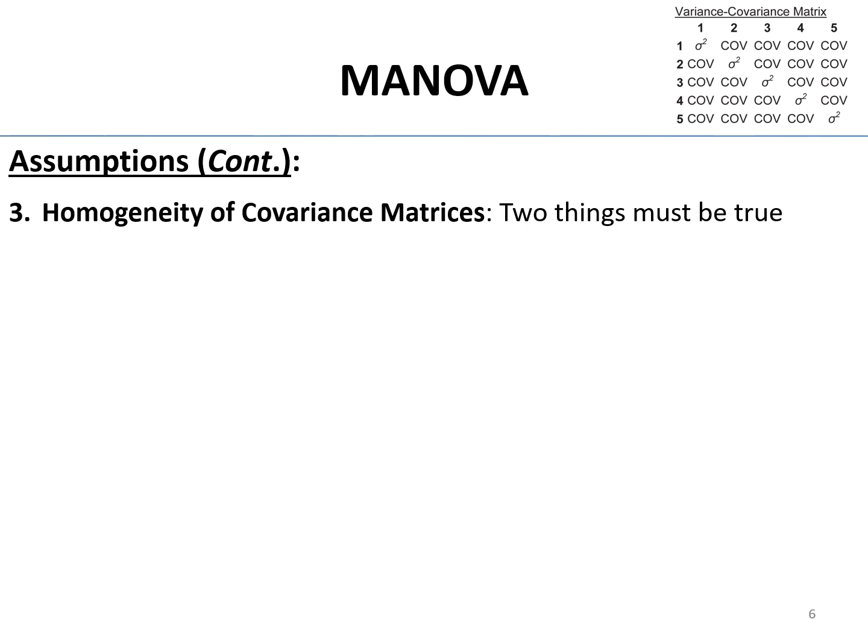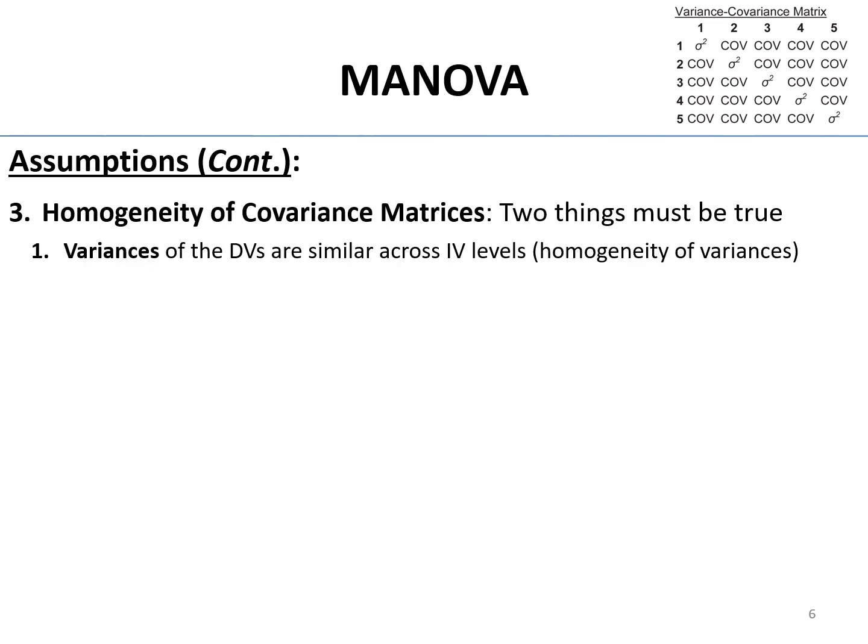I don't think you've seen this one, the homogeneity of covariance matrices assumption. The homogeneity of covariance matrices assumption has two parts to it. One is the usual homogeneity of variance, and the second is the homogeneity of covariance matrices. So here we go. Part one of this assumption is that the variances of the DVs are similar across levels of the IVs.